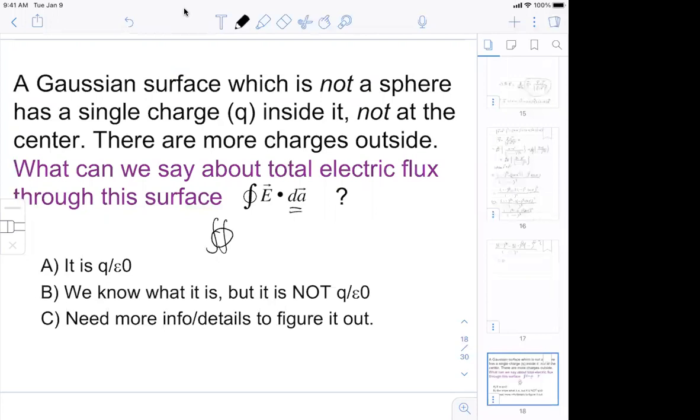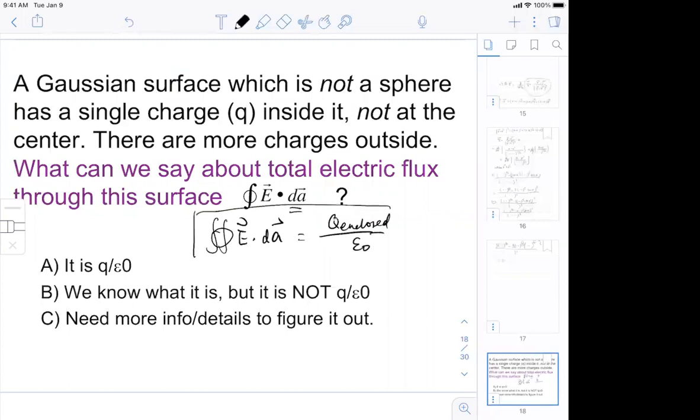I usually try in my writing to be consistent and write the double, but you know that you can just use one integration sign to represent all of them. Okay, Gauss's law: the integral of E dot dA is Q enclosed over epsilon naught.